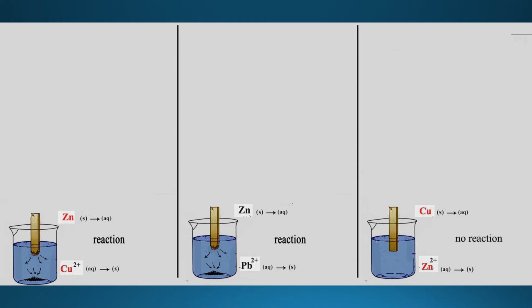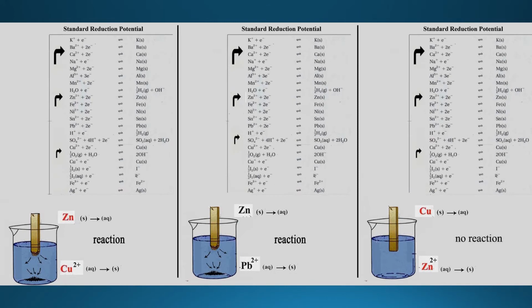This is determined by the standard reduction potential table. If you look at the table, let's highlight the metal and solution for zinc and copper, zinc and lead, and copper and zinc. Now let's look carefully at the state change.